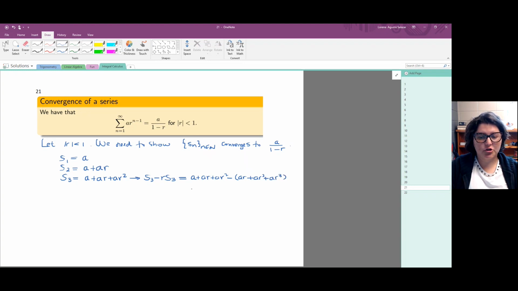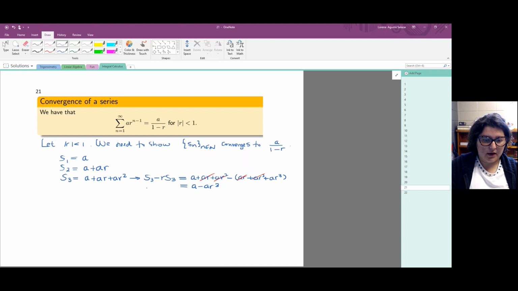We multiply each term in S3 by the constant r. And then we get a few cancellations. ar minus ar is 0, ar squared minus ar squared is 0, and we end up with a minus ar cubed.